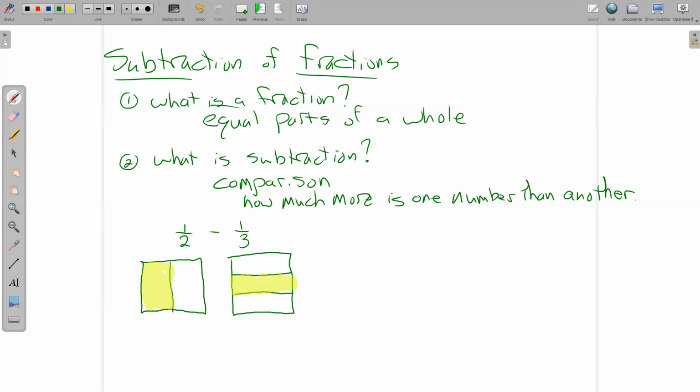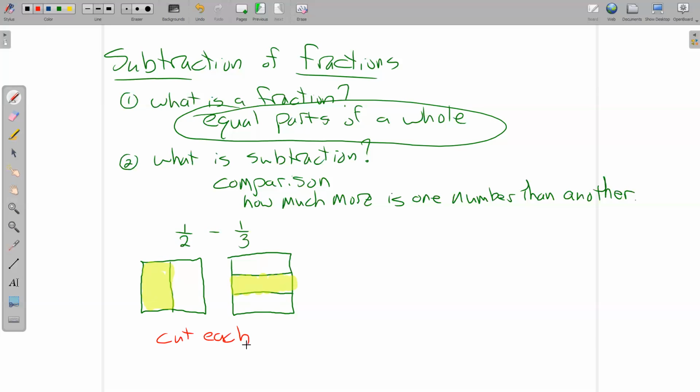The problem is related to this equal parts of a whole: these aren't equal parts. And the easiest solution to the equal parts is to cut each like the other. So the half gets cut in thirds, and the thirds get cut in half. Now they're cut the same way, and we can look at it a little differently.